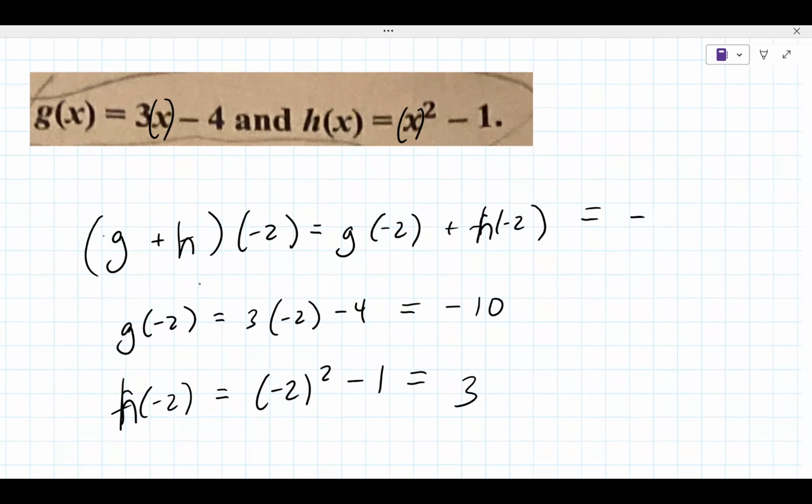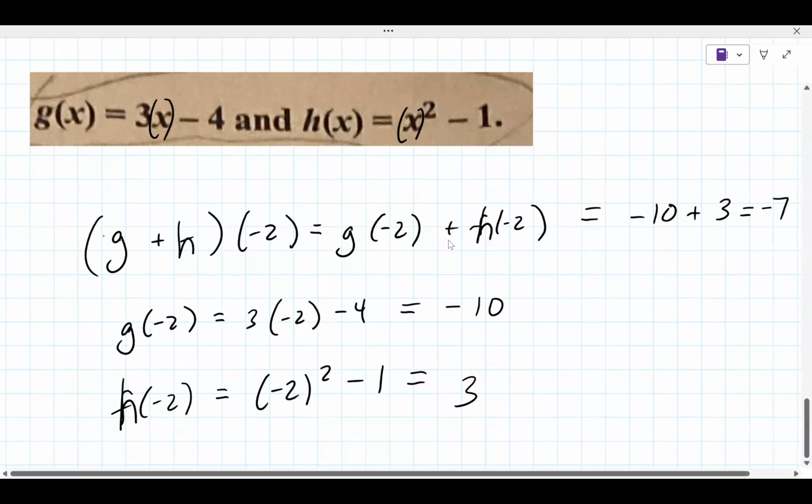Am I crazy? Should I multiply both of those, negative 7 times negative 2, which is 14? No, you're not multiplying. The g of -2 is the -10. Oh, right, my bad. Because we solved them, now we just put them together.